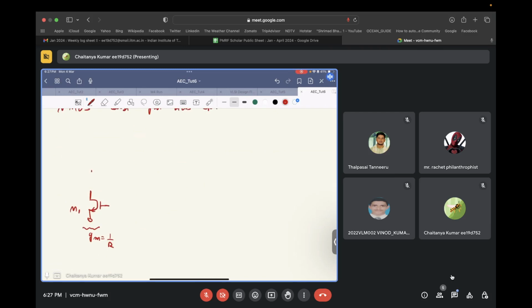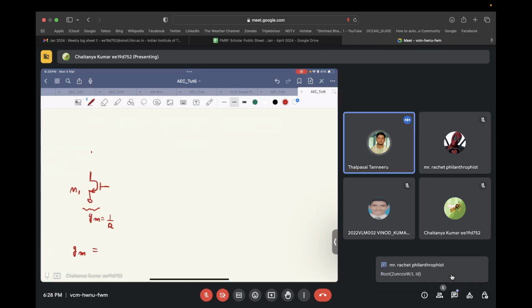Can you give me some equations of the value of gm of a transistor in saturation? Can you list them for me?